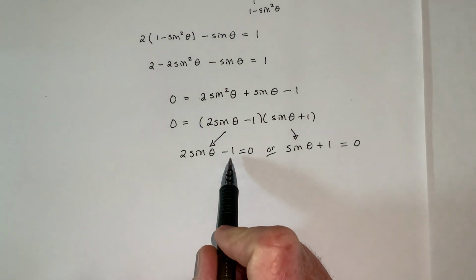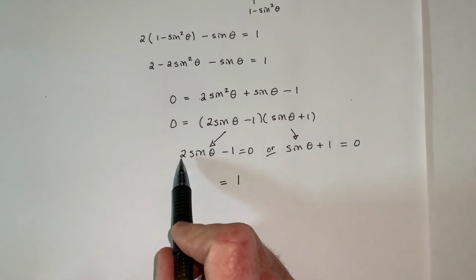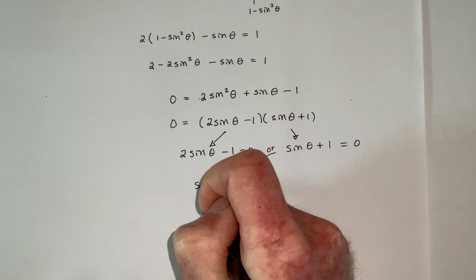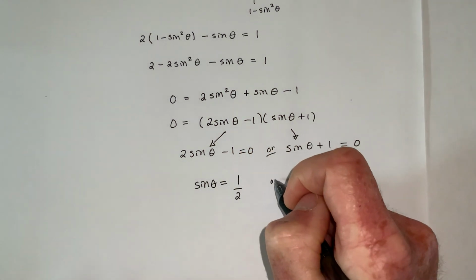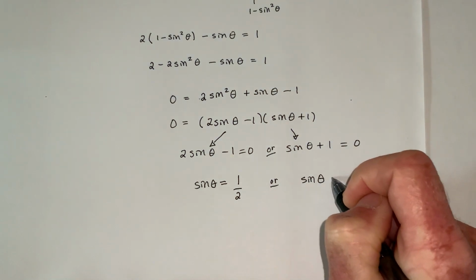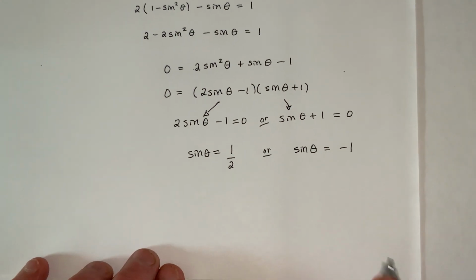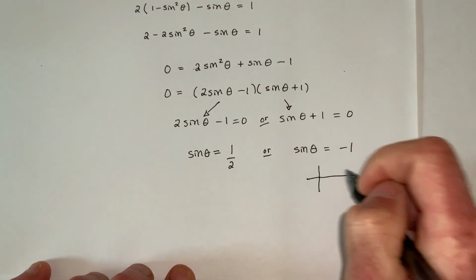So for this one, I could add 1 to both sides and then divide by this 2. So it's saying, when does sine equal a half? This one, subtract 1 from both sides. It's saying, when does sine equal negative 1? Well, this one I could answer by just looking at the graph of sine.